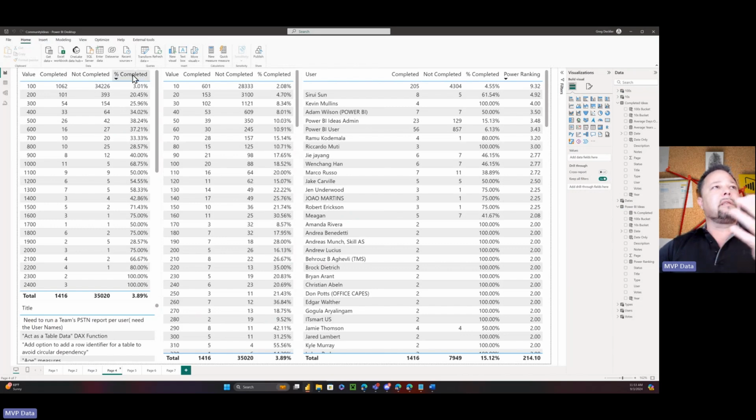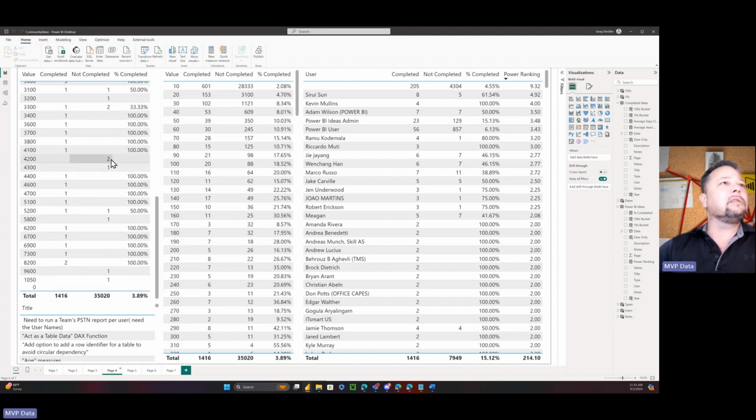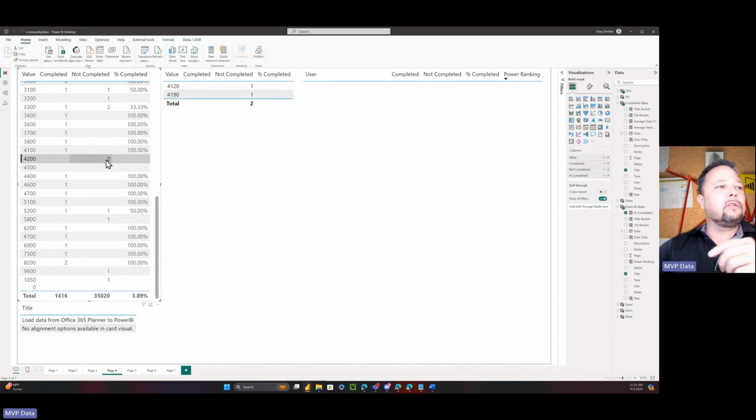Let's take a look. This actually puts the same data that's in that bubble chart and the line charts into a table, more or less. So this is your 100 bucket, 3% chance, 200 bucket, 20%, 25, etc. What's interesting is that you do have some anomalies here, like two ideas that fall into the 4200 bucket, which are these two: load data from Office 365 Planner, and there's a 0% completion rate for votes that are very high.